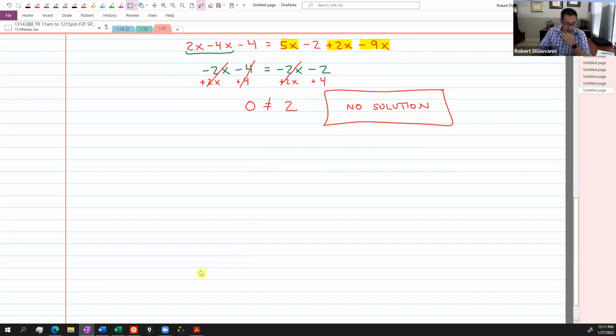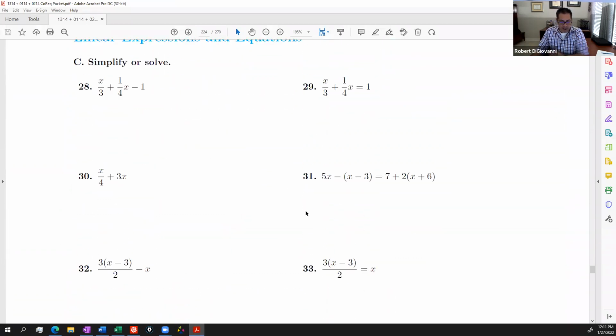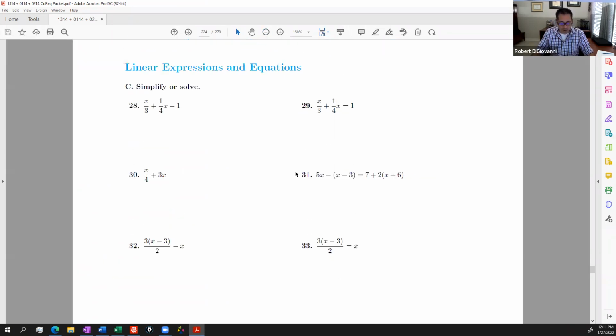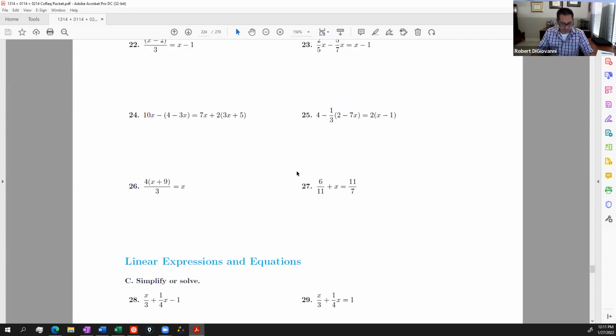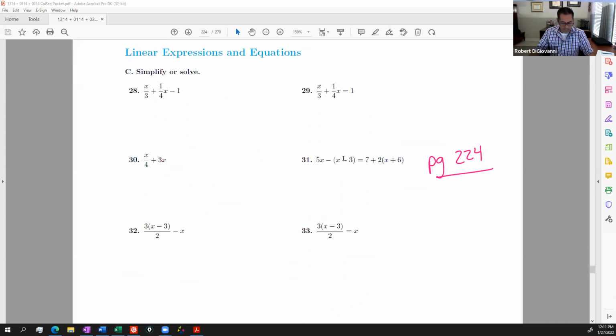We have 4 minutes. So what I would do for homework, just to prepare you for this, I have to be kind of particular. There's certain ones I didn't talk about. So on the homework, which starts on page 224, I would look at probably 28, 29, 30, 31, 32.